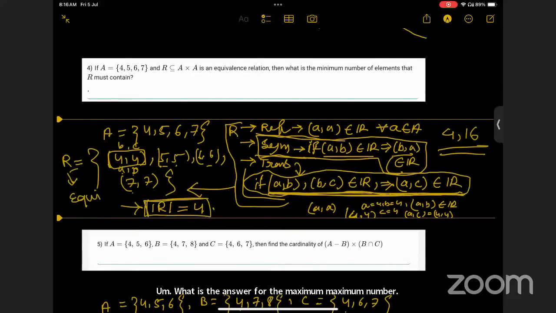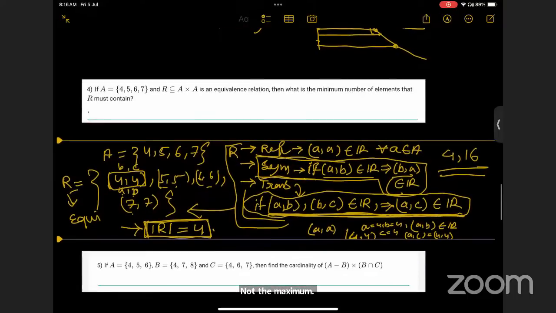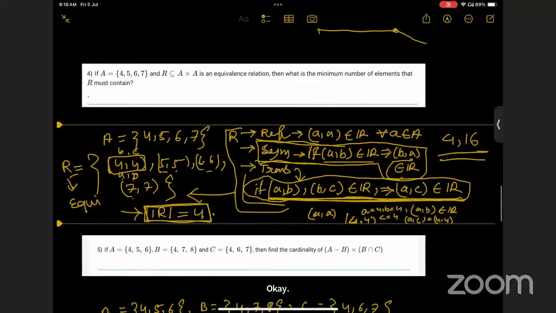Minimum number, not the maximum. Is it necessary to check the reflexive, symmetric, transitive conditions? We can just count the number of elements in A, I mean the cardinality, that is 4, which is the minimum number of elements that R contains.